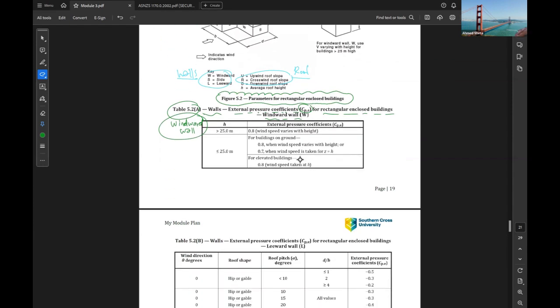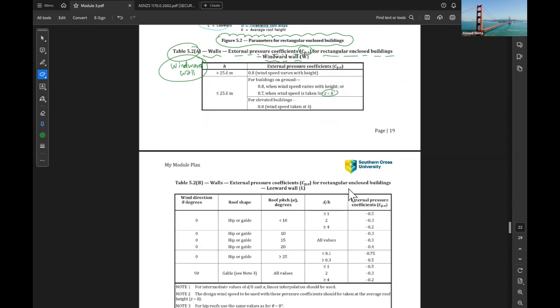And if the height is less than 25 meters for a building on ground, 0.8 and 0.7. 0.8 when speed varies with height, or 0.7 when wind speed is taken for Z equal to H. For an elevated building, 0.8. So what does this mean?